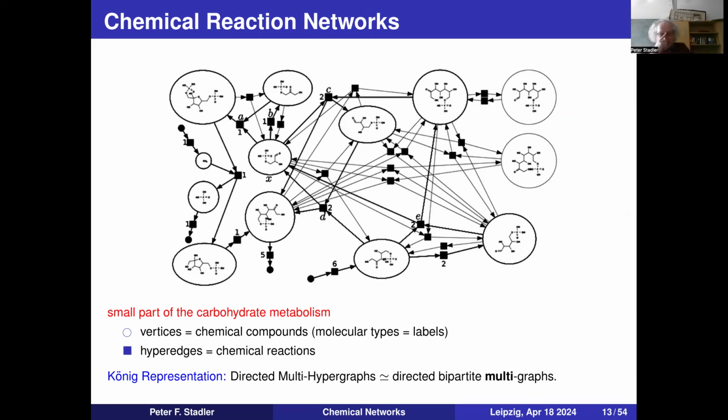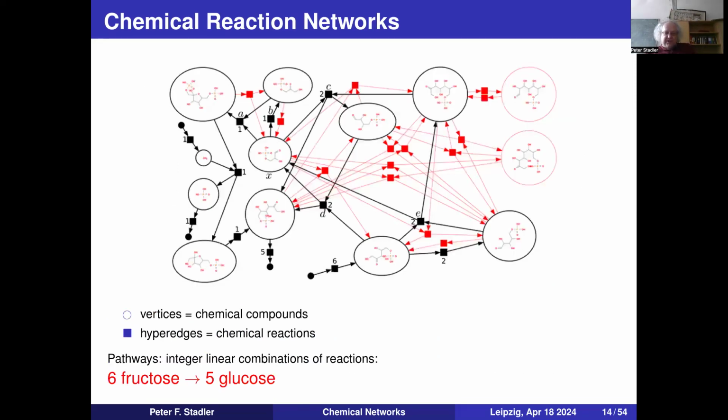And at this level, we can ask things. If I know what my 5 carbons are and what my 6 carbons are, I can ask in this chemical reaction network, which is just given as such a matrix, is there a way of transforming 6 copies of a 5 sugar into 5 copies of a 6 sugar, or vice versa? So in this case, I ask for fructose as input, which is here, and where is my output?